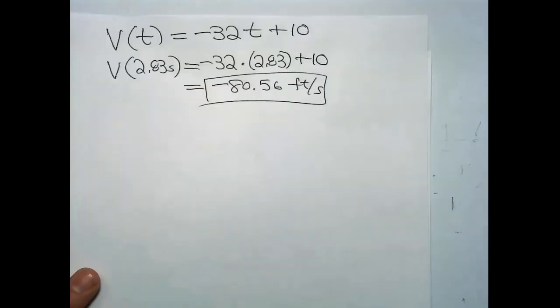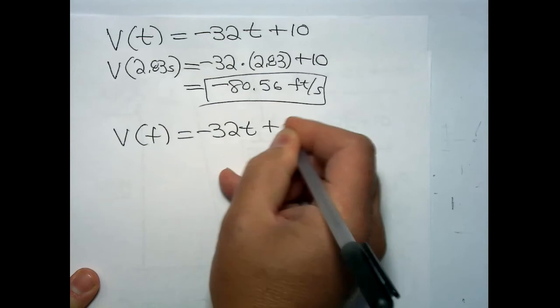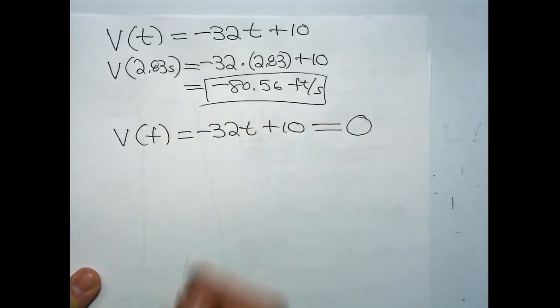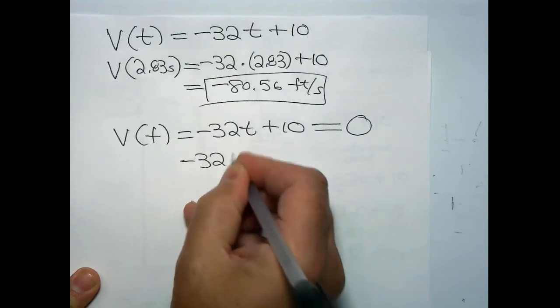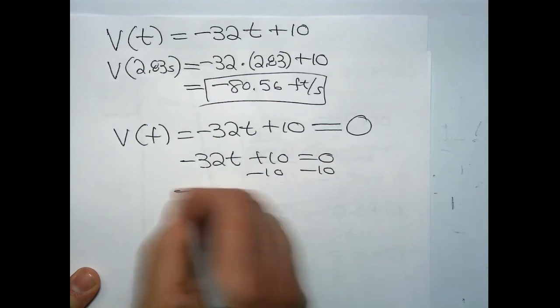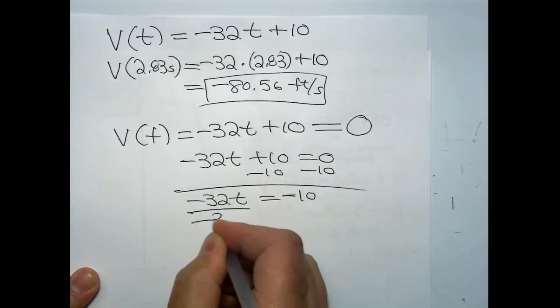So let's take the velocity function and set it equal to 0. When is the speed 0? What time is it? So negative 32t plus 10 equals 0. Subtract 10. Negative 32t is equal to negative 10. Divide by negative 32.